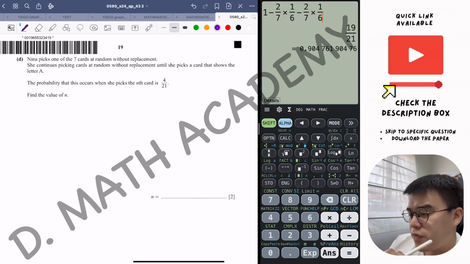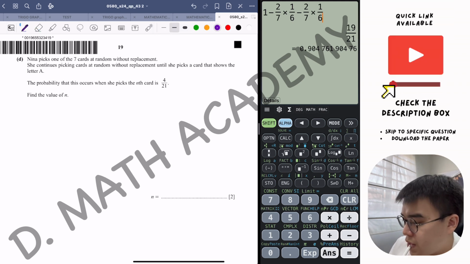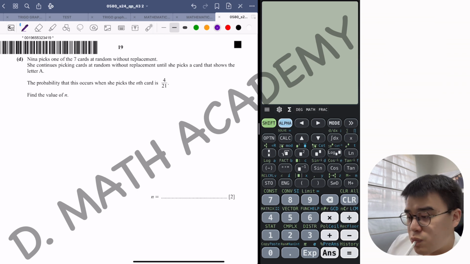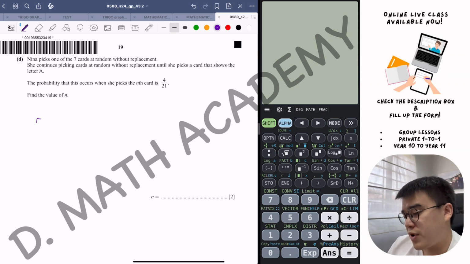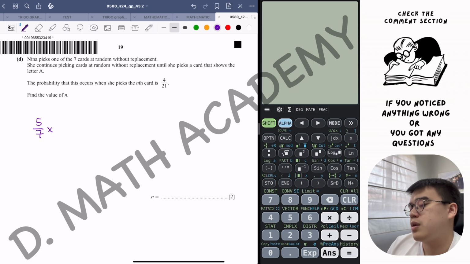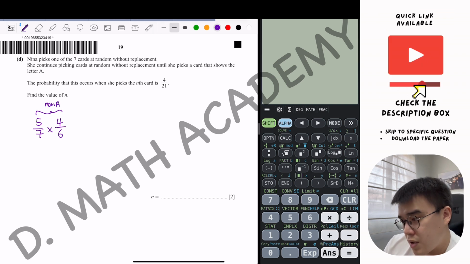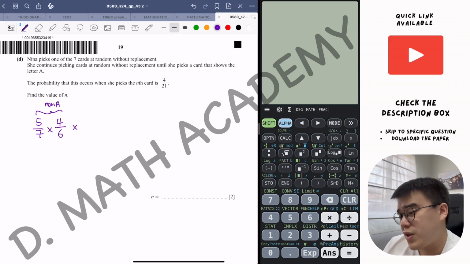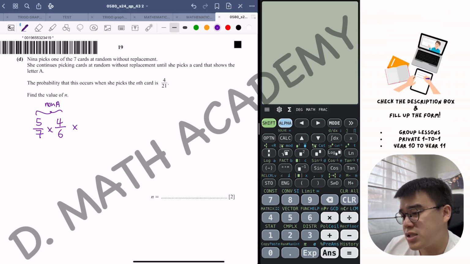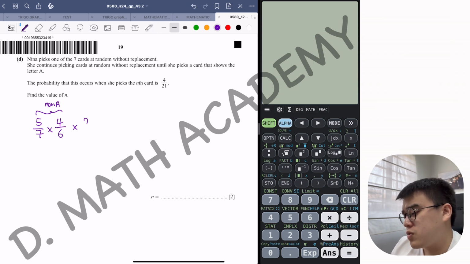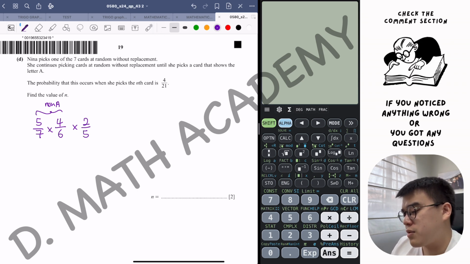Okay, if you were to do this the manual way, the equation that you'll get will be 5/7 and then 4/6. These are non-A first. And then when I get A, A is 2/5 perhaps.